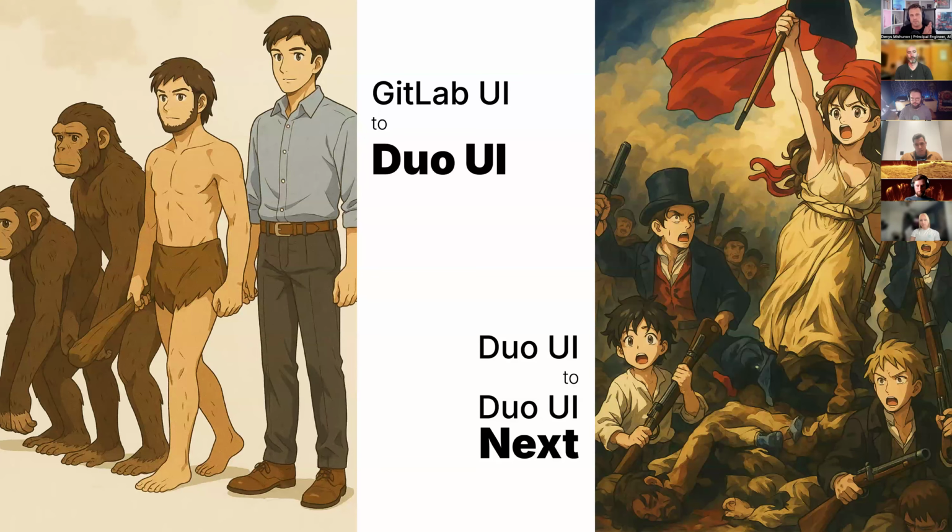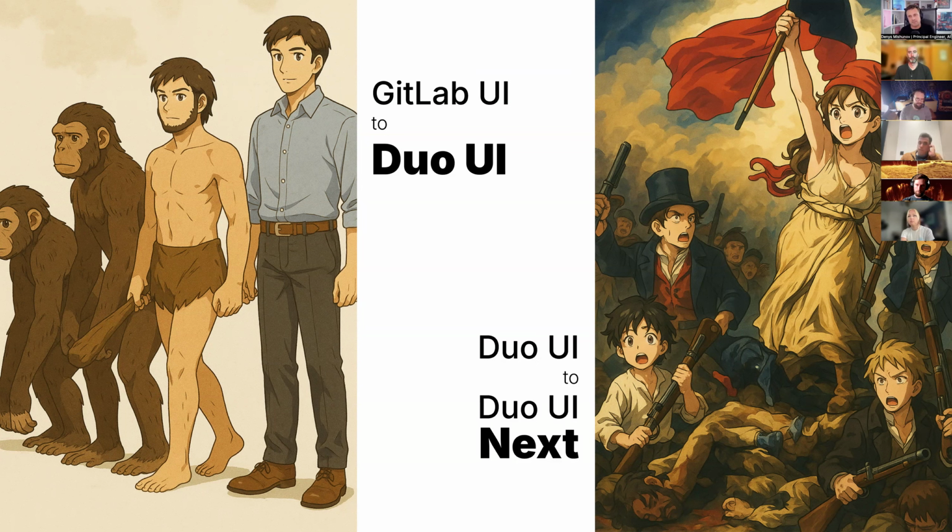The move from GitLab UI to Duo UI was an evolutionary step. It was a natural move to take the Duo Chat UI components out of GitLab UI into a separate package, and then develop it alongside GitLab UI. But Duo UI to Duo UI next is going to be a revolution.